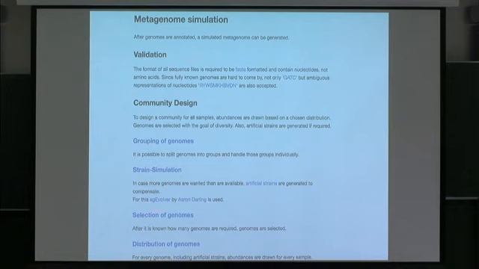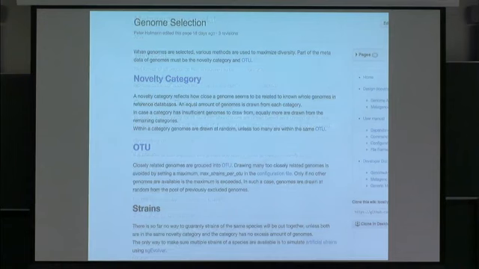And the last thing is, well, we need to somehow select the genomes and sample from a realistic distribution. I would like to dive into that. So the genome selection itself, well, it's not completely random, but what we want to achieve is to sample or select genomes that cover most of the tree of life, so to say.